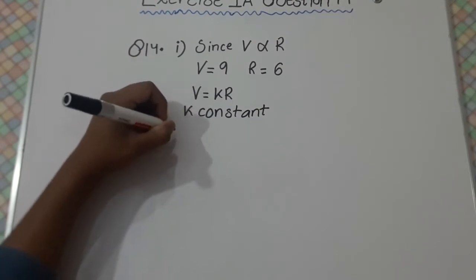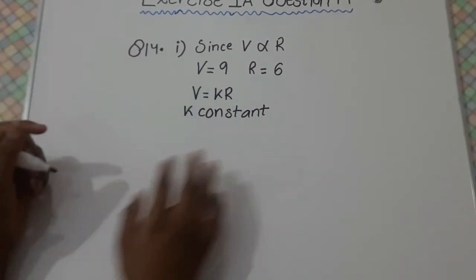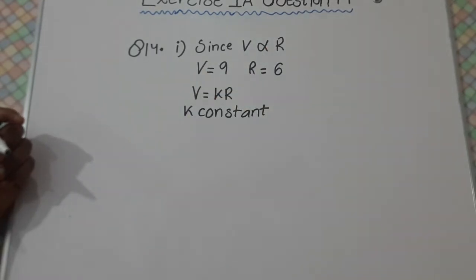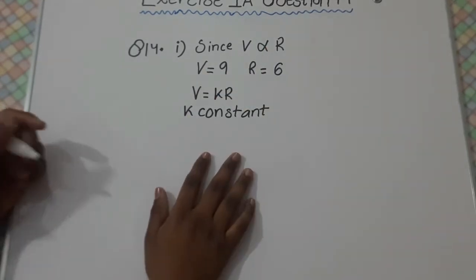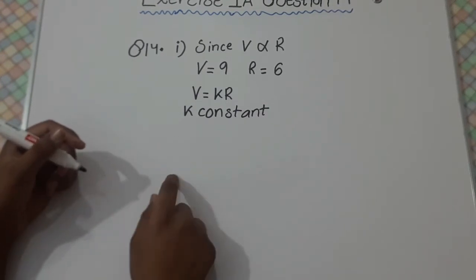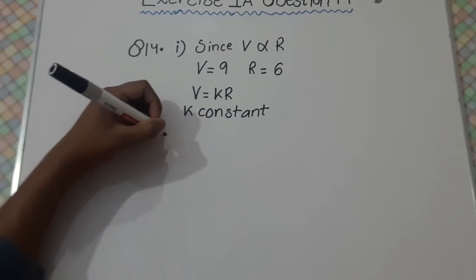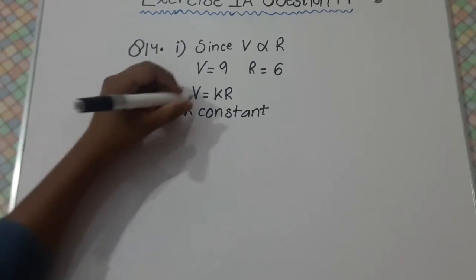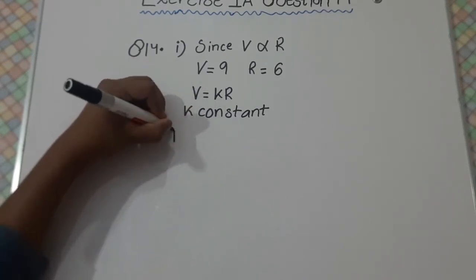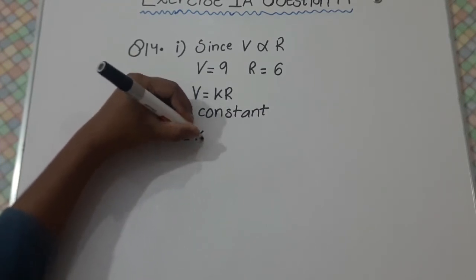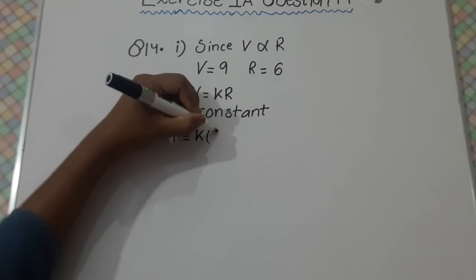Now we are going to put in these values into the equation that we have created, because V and R are directly proportional. Now we have made K the constant, so we have to find the value of K to complete our equation. So let's put in the values. V is 9, we need to find K, and R is 6.